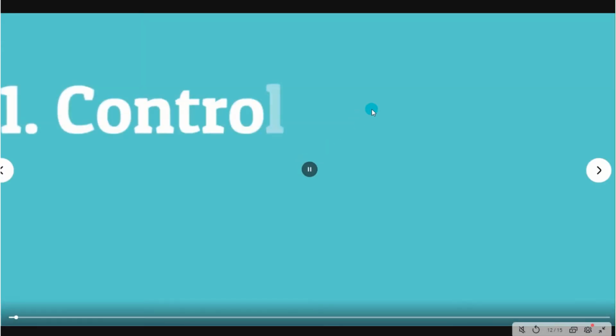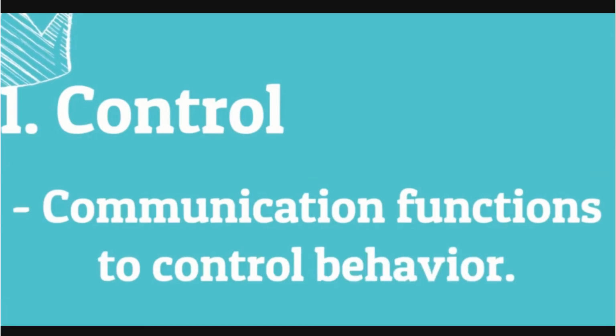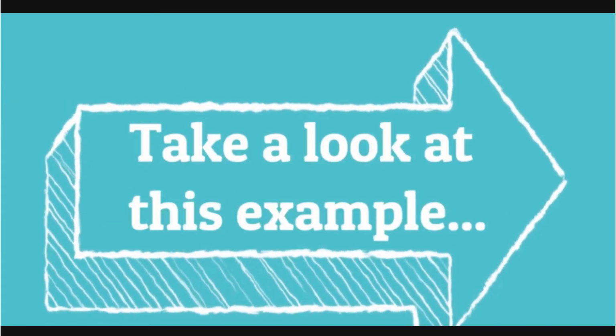The first function, called control, is where communication functions to control behavior, which means that it takes place to control some people's actions. Let's take a look at this example.